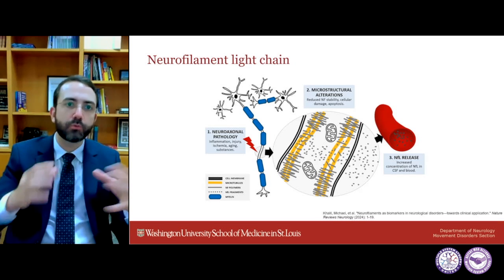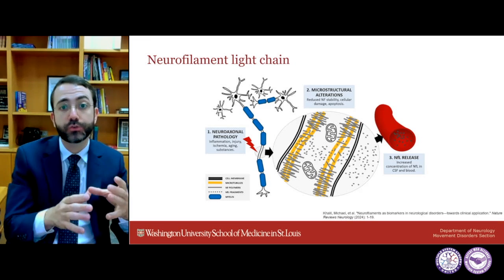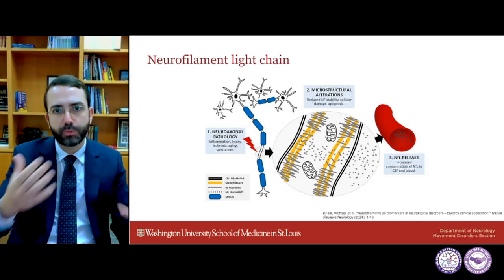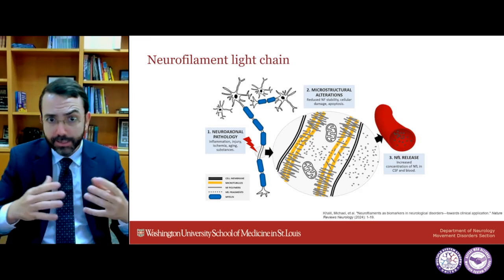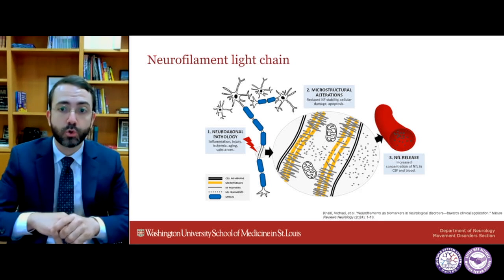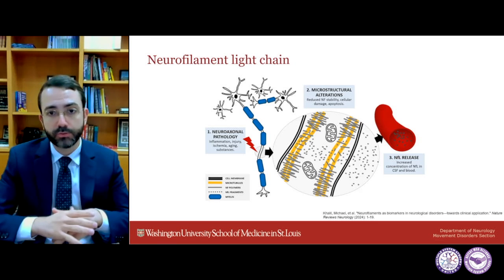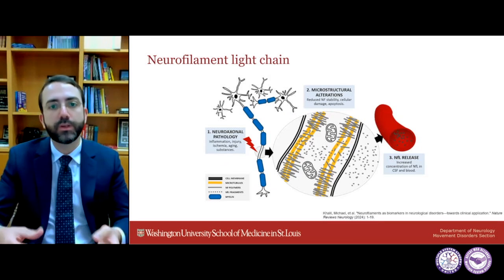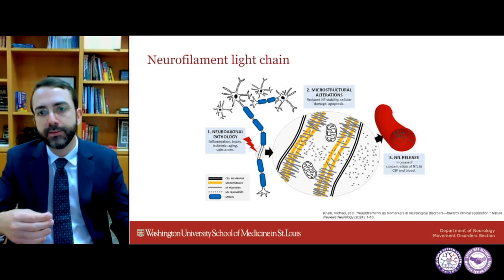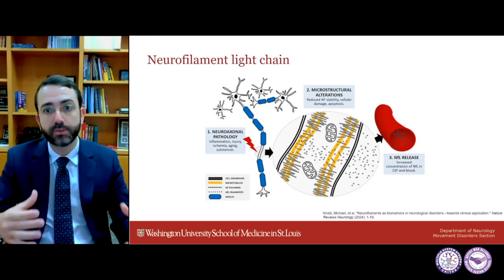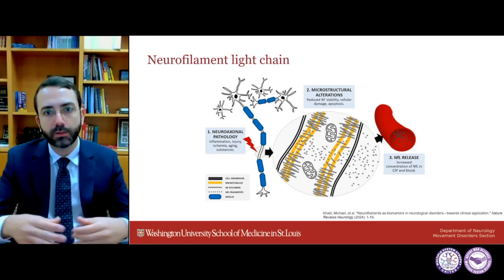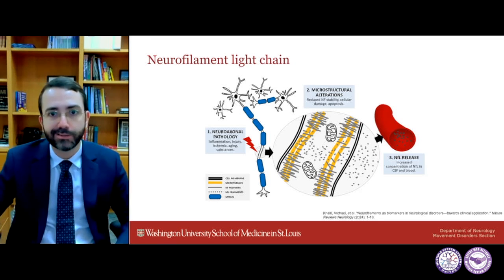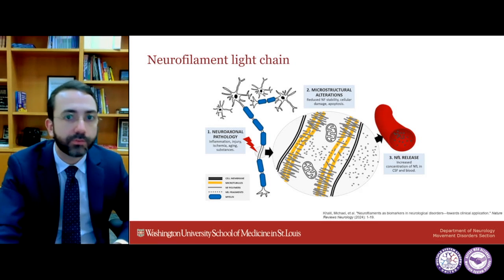So when there is any alteration in the structure of the axons or the brain cells, any kind of stress or inflammatory response or any injury, you can disrupt the normal regulation of axons, the normal structure of brain cells, and this can, in consequence, increase the levels of neurofilament in the spinal fluid and also in the blood. And this has obvious implications for this biomarker that can perhaps allow us to better identify these conditions that cause this disruption in the normal structure of the brain and axons.